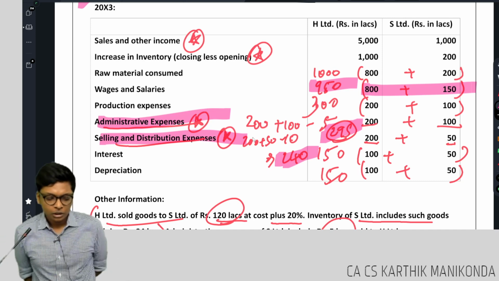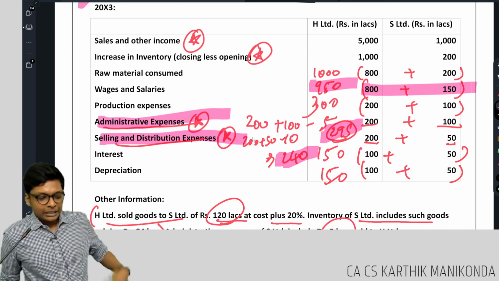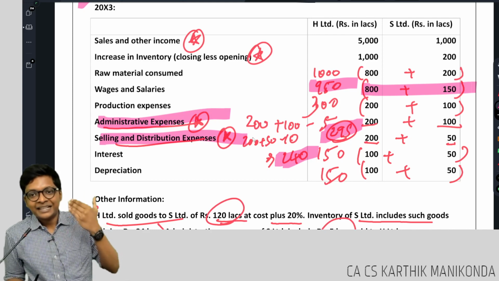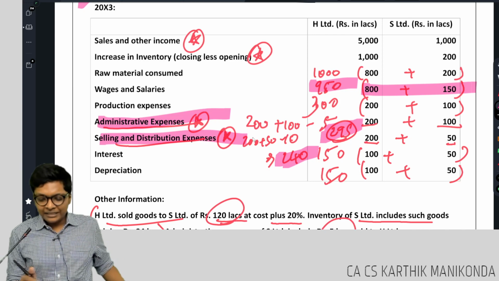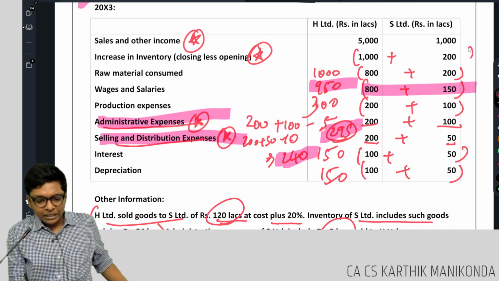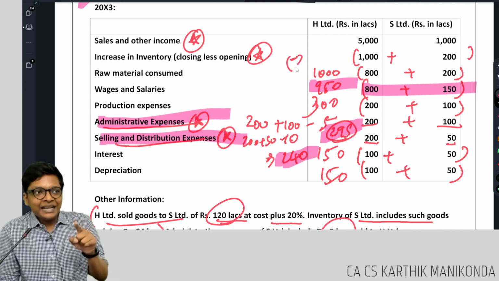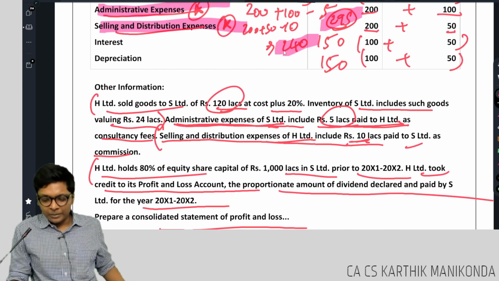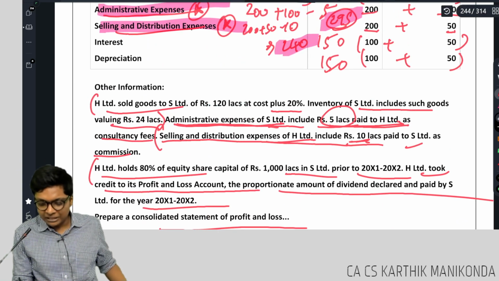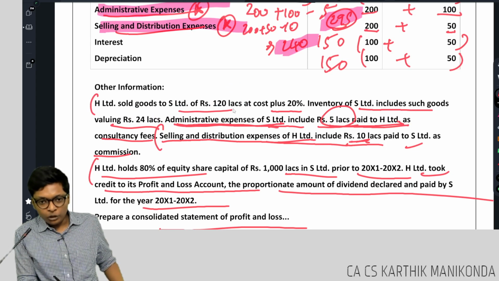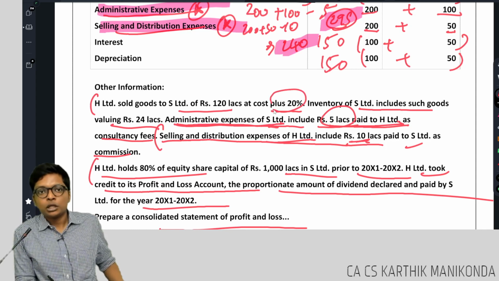Sure. So what is left now? Inventory and sales. Nothing else. Only these two. I am coming in reverse. So inventory is nothing but 1000 plus 200 minus unrealized profit. We have to find out, correct? That you have to apply normal logic over here. Just one small correction. H sold goods to S of rupees 120 which is cost plus 20.